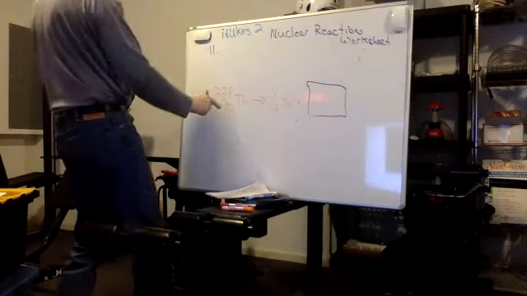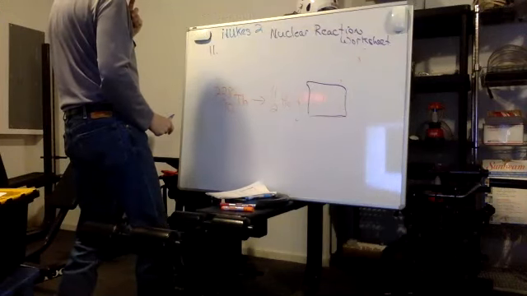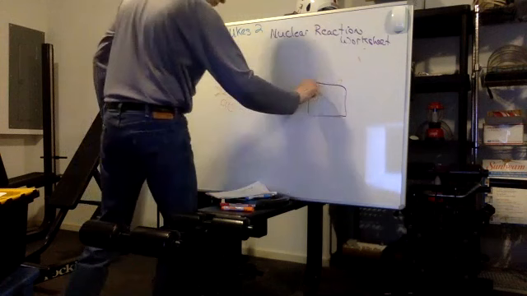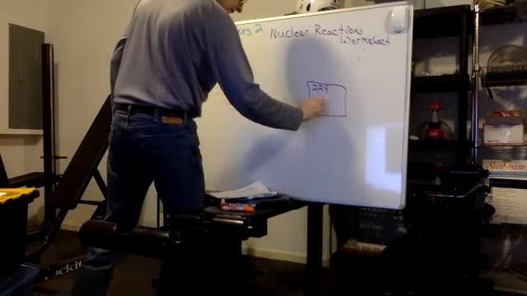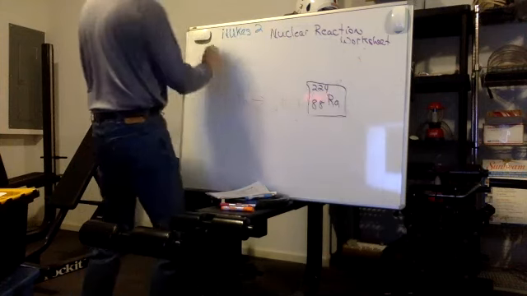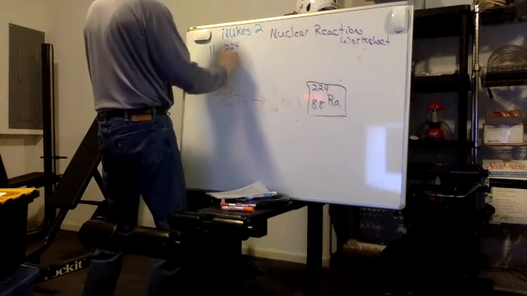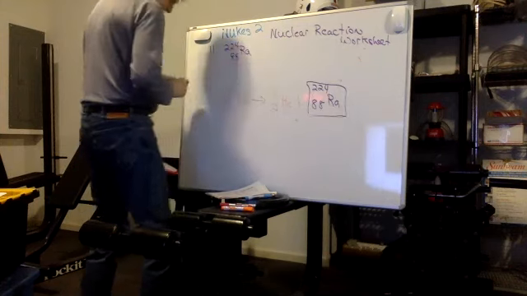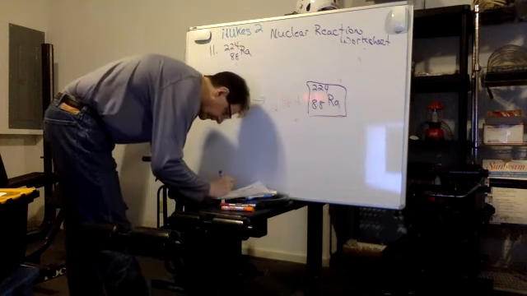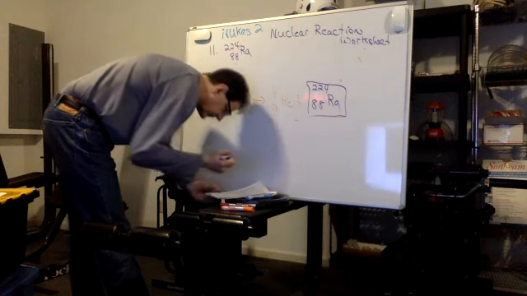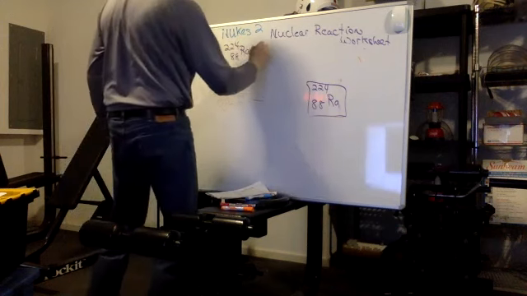So 228 less 4 would be 224. And 90 less 2 would be 88. We're back to radium. So we got 224, 88 radium. And that's going to undergo an alpha decay.